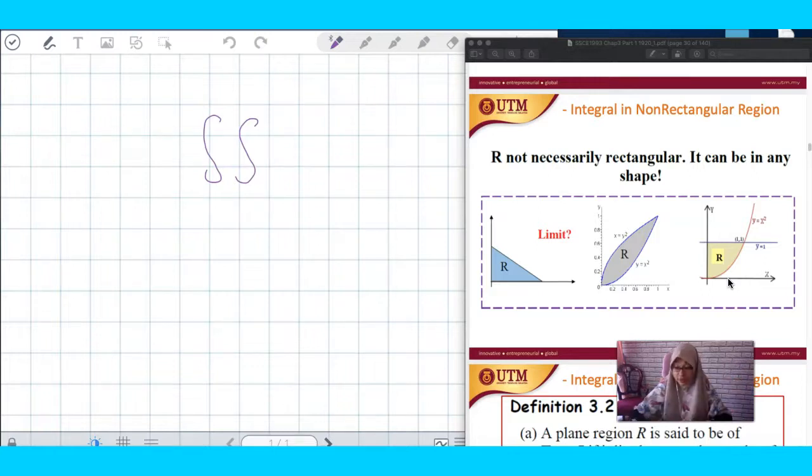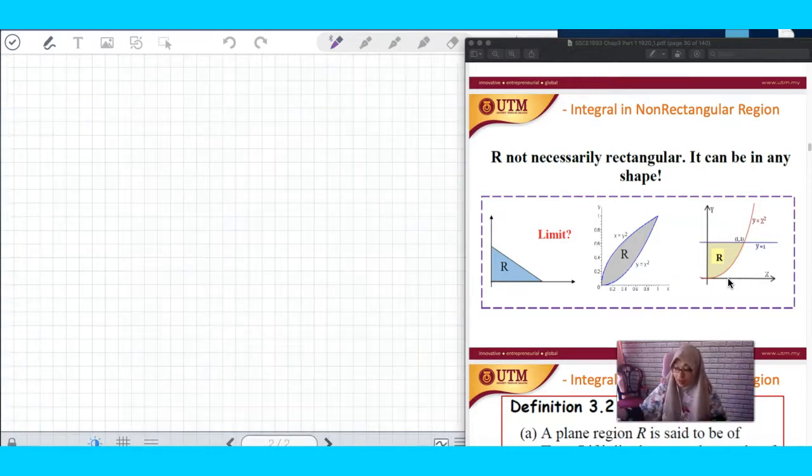But if you have something, let's say a rectangular box, the box is a solid because we can touch it, and the box is bounded by some surfaces. You have 6 surfaces, right? So that is called a solid. So in this chapter, you have to sketch the region, which is in 2D, what you can see here.